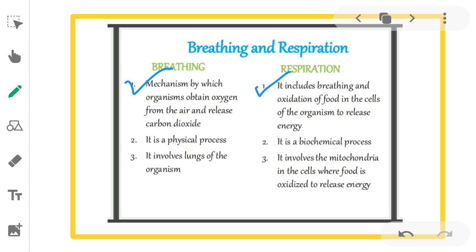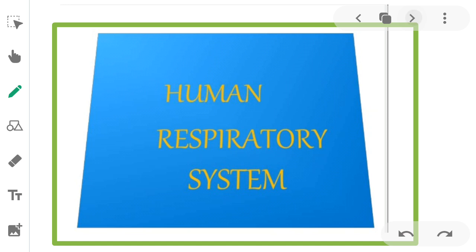Next difference, breathing is a physical process. Respiration is a biochemical process. Next difference, breathing involves the lungs of the organism. In respiration, it involves the mitochondria in the cells where food is oxidized to release energy. So these are some differences between breathing and respiration.